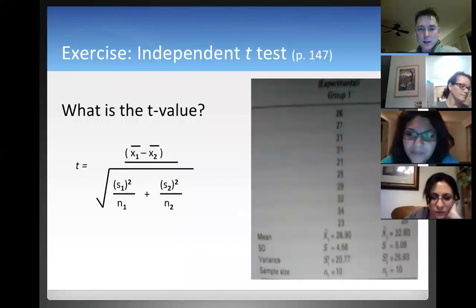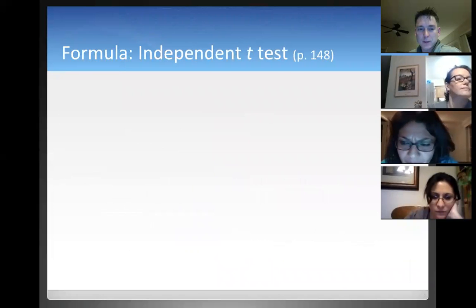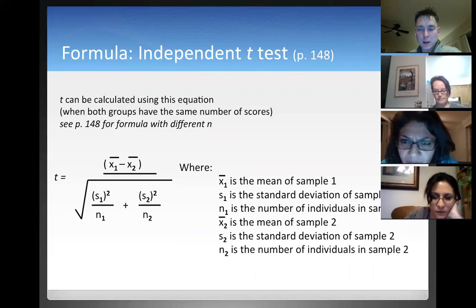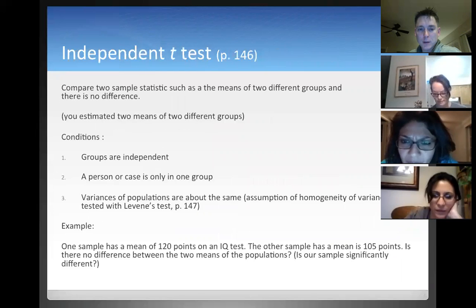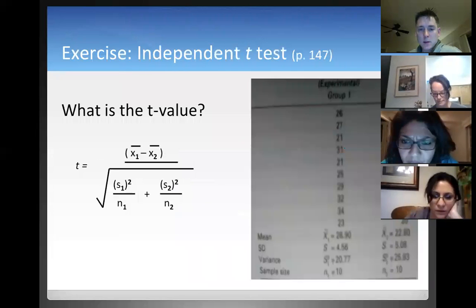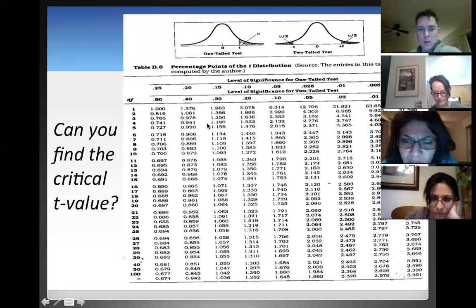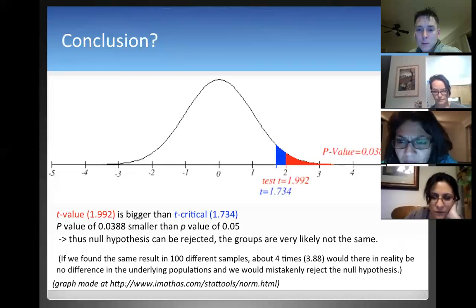We said the sample size was 10, so the degrees of freedom is n minus 1, so 10 minus 1 is 9. Now we said we look at the 5% level. No, wait a second, it wasn't 9. It was something else.